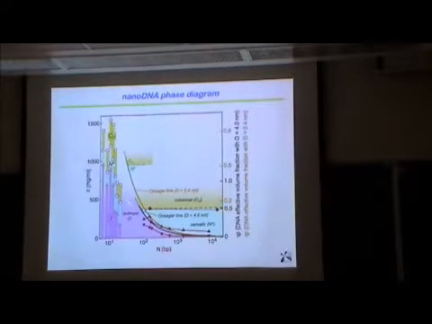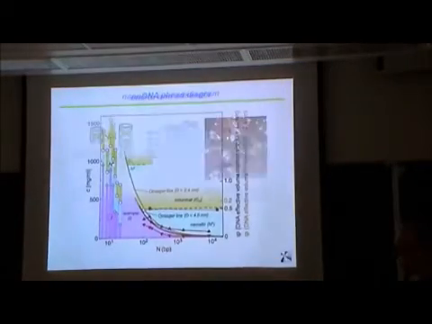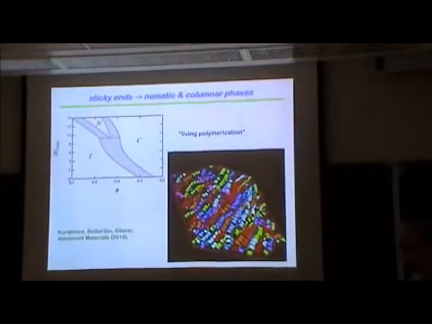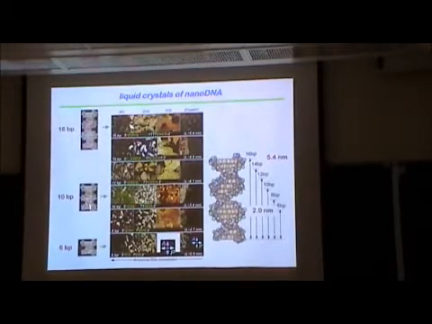So there are a lot of liquid crystals in these shorter oligomers. As you make them shorter and shorter, the transition temperatures go to lower temperatures.